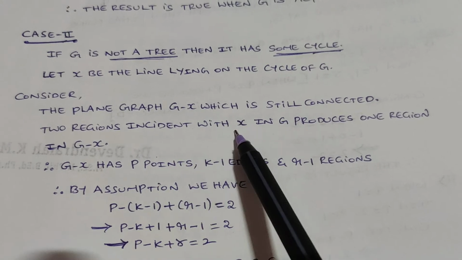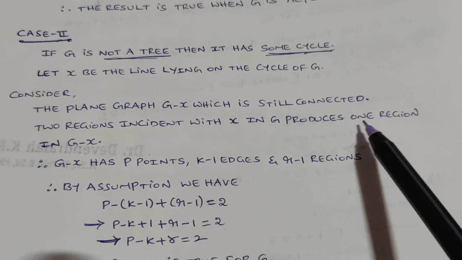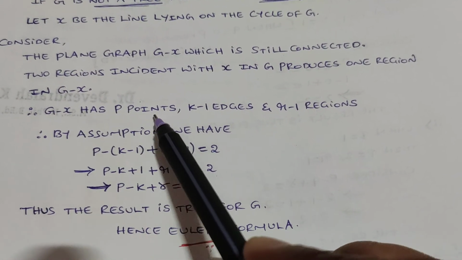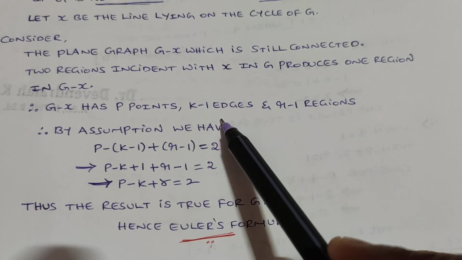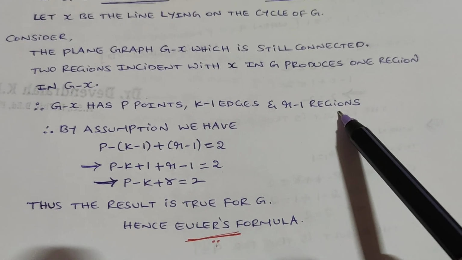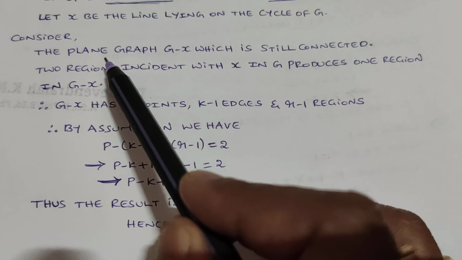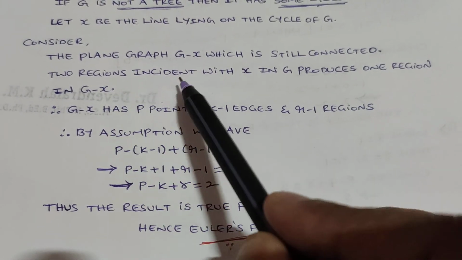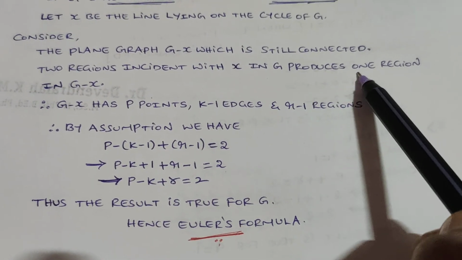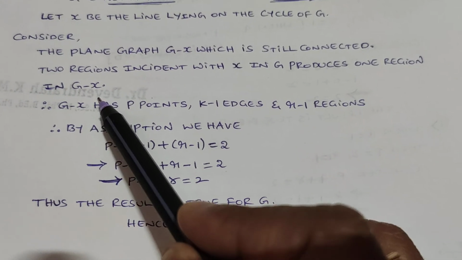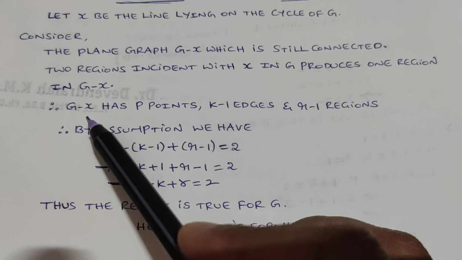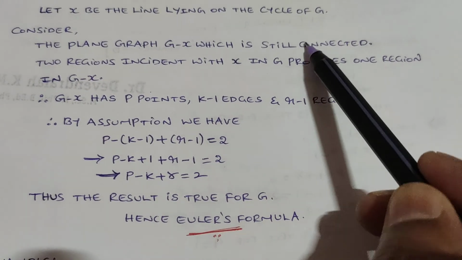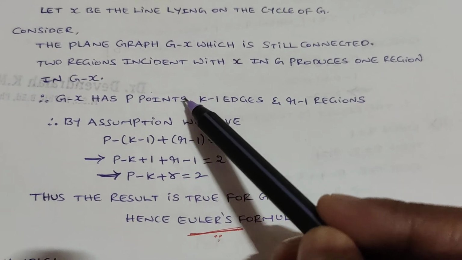Two regions incident with X in G produce one region in G minus X. Therefore, G minus X has P points, k minus 1 edges and R minus 1 regions. This is the point we need to remember.